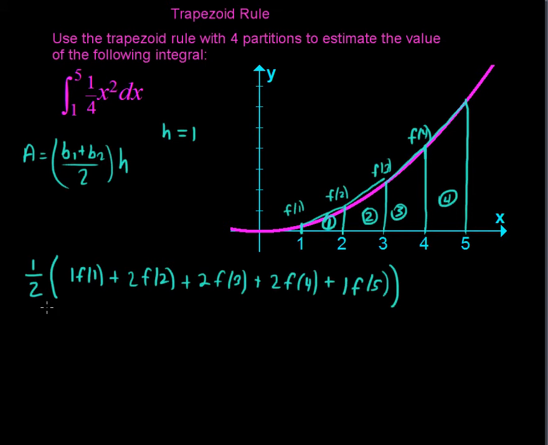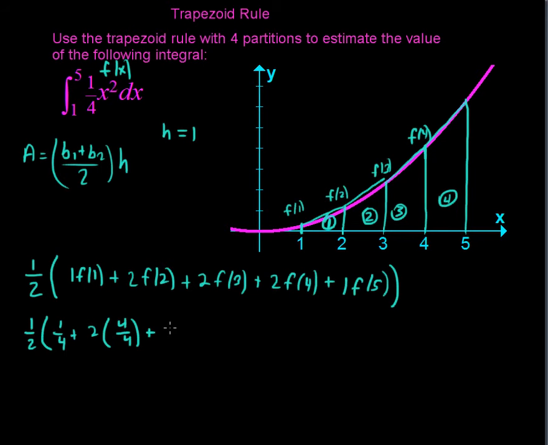So let's go ahead and calculate these. Each one of these is fairly easy to calculate. The formula, our f of x, is simply 1/4 x squared. So the first one, that's just 1 squared over 4, which is 1/4. Plus 2 times 2 squared is 4 divided by 4.